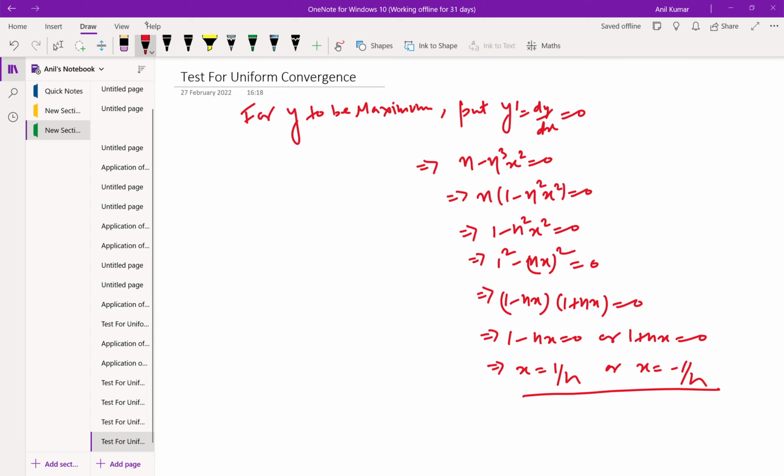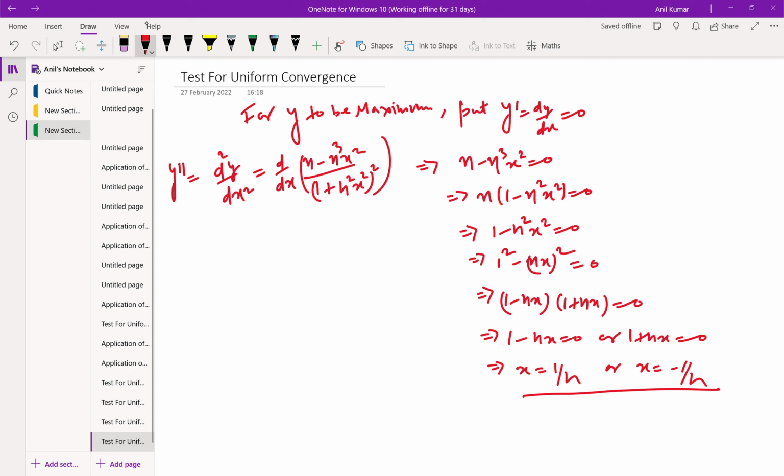Now we have to check its double derivative, that is d square y by dx square, that is d by dx of (n minus n cube x square) divided by (1 plus n square x square) whole square.